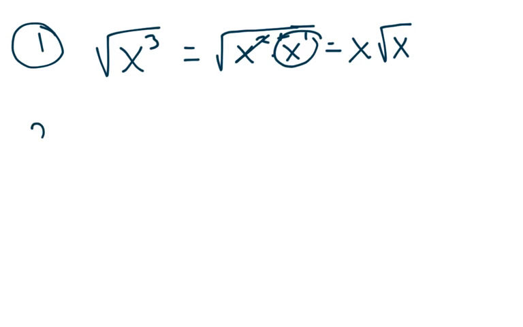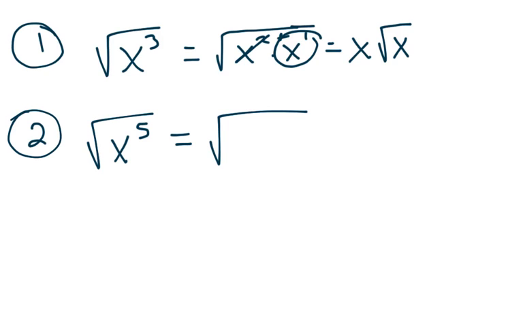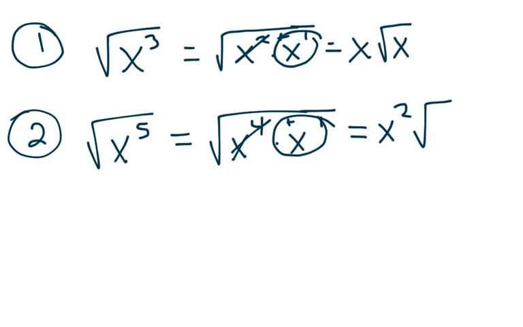Second one, the square root of x to the 5th. I can break 5 down into x to the 4th times x to the 1, because 4 plus 1 is 5. The square root of x to the 4th is x squared, and that leaves a single x underneath the square root sign. Is this making sense?